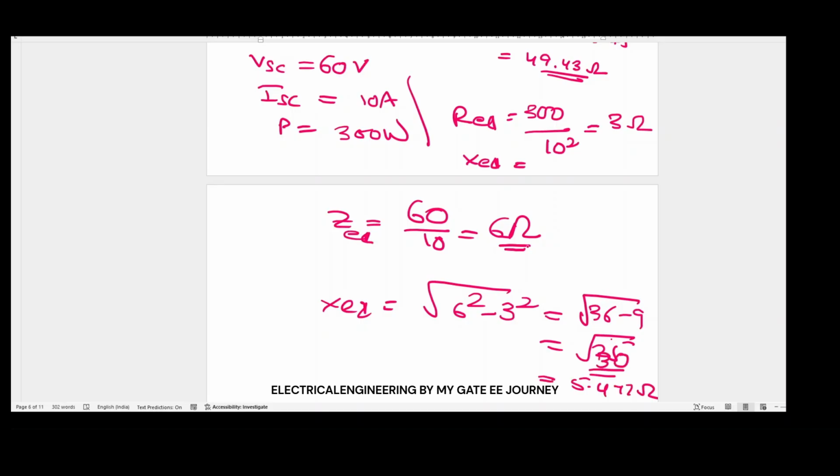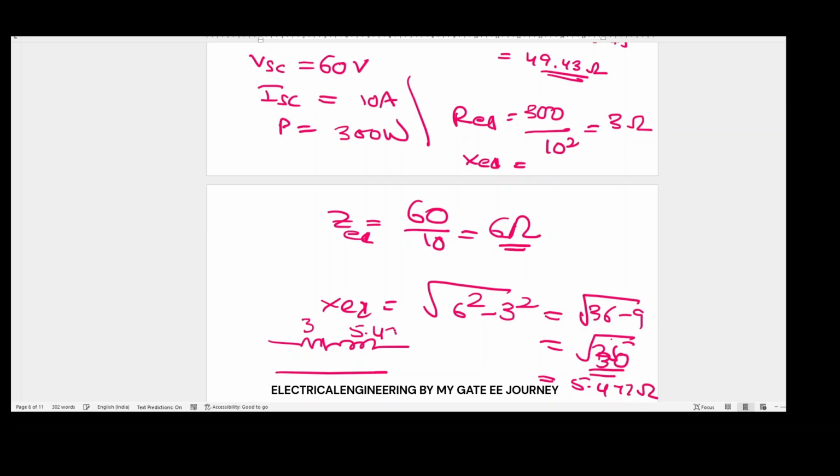Now you got X equivalent and R equivalent, so these series parameters you also get. This is 3, this is 5.196. These are the values on the secondary side.